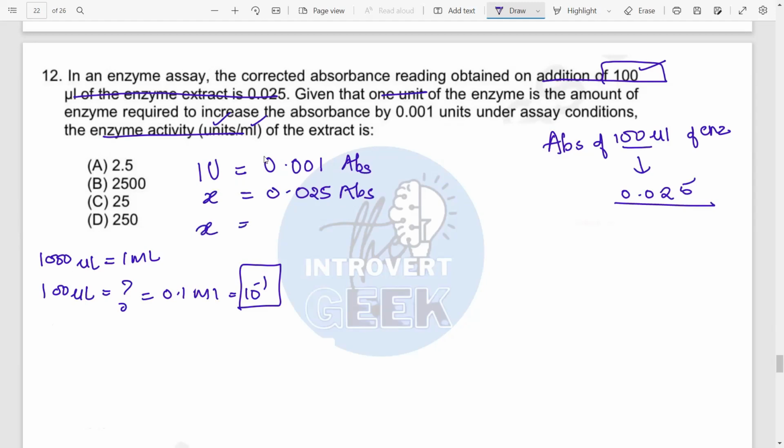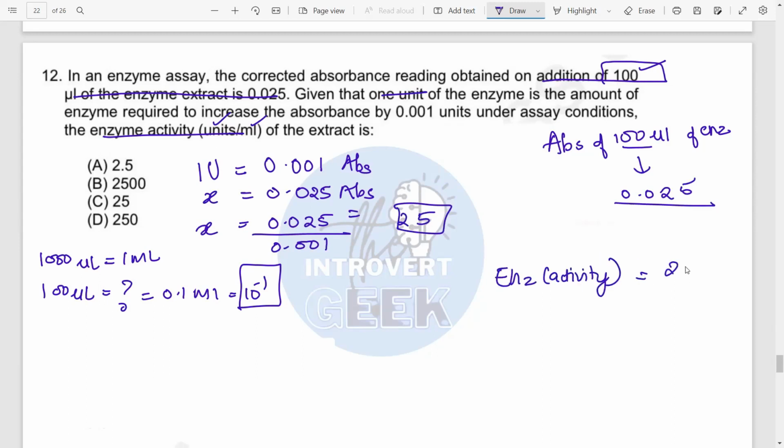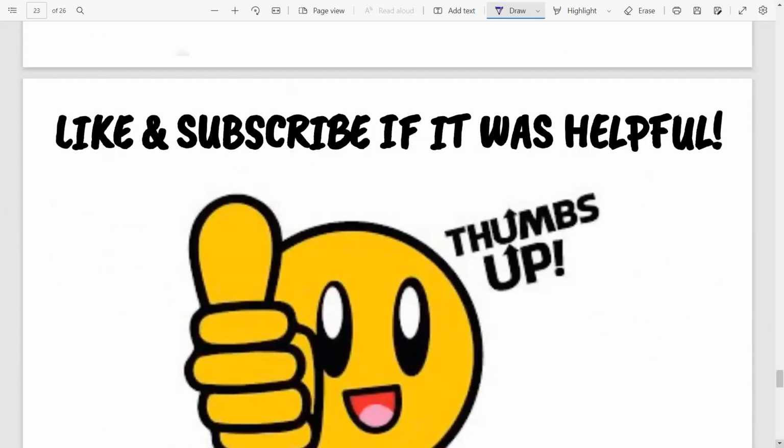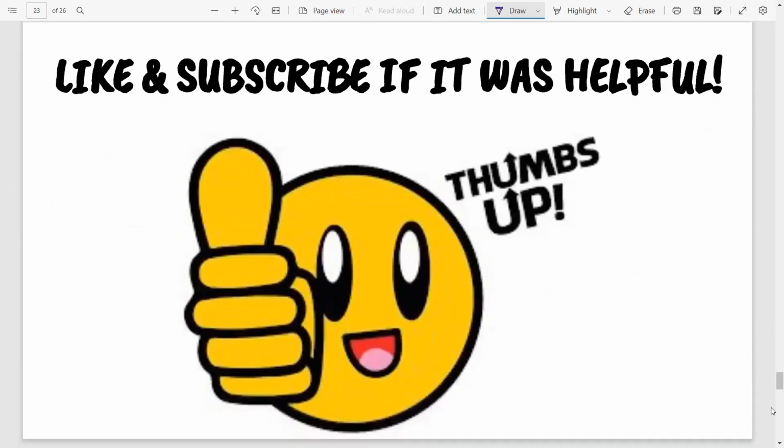X will be equal to 0.025 divided by 0.001, which is nothing but 25. Now, the enzyme activity is the units divided by the volume. So 25 units and volume is 10 raised to minus 1, which comes out to be 250. The enzyme activity is 250. Very, very simple. So that's all for the MCQs.